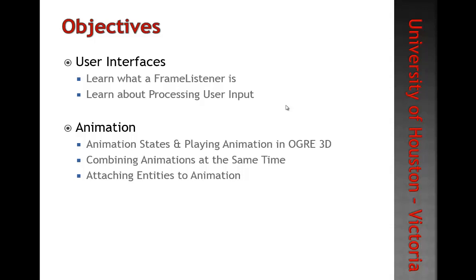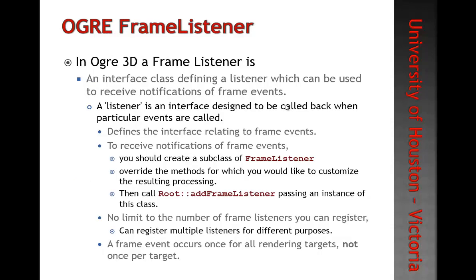So one of the main concepts that we want to learn at this point in our work with Ogre 3D is how Ogre gives us a mechanism to update the states of our engine when certain kinds of events happen. This is basically done through a frame listener in Ogre 3D.